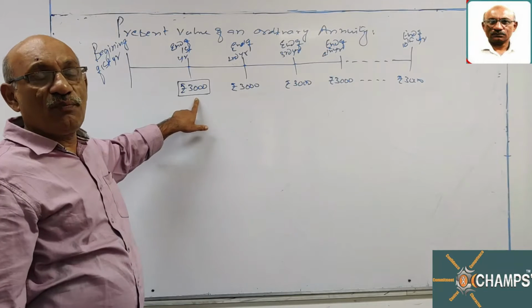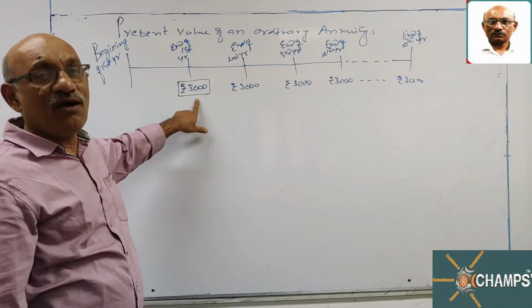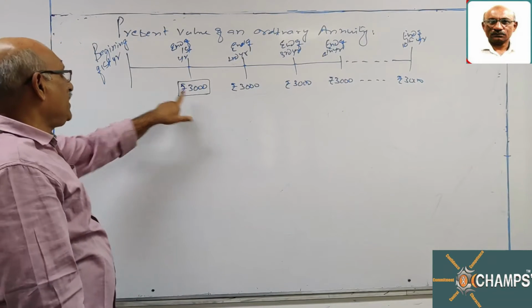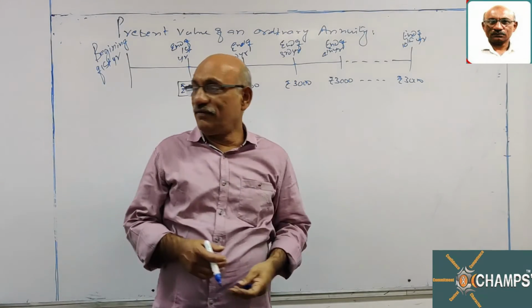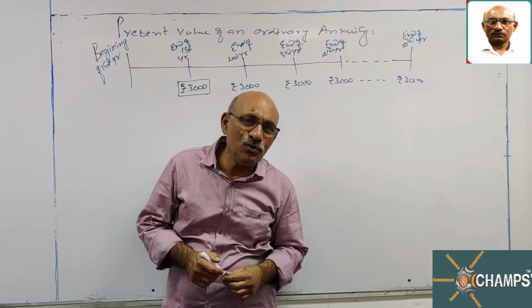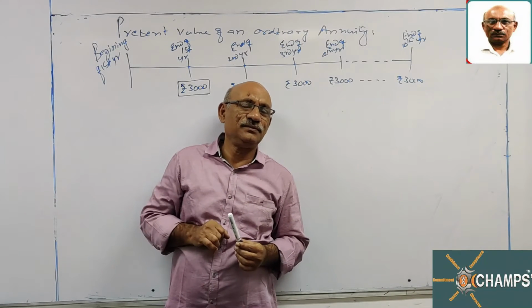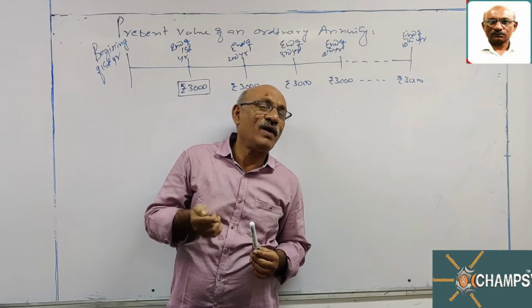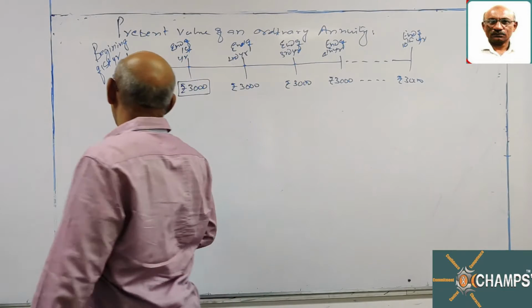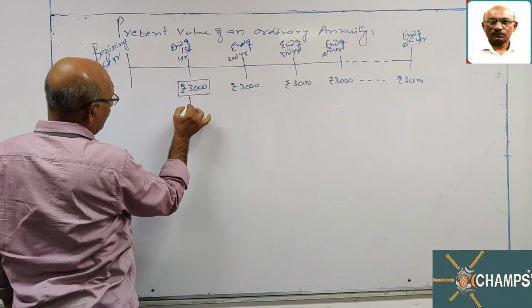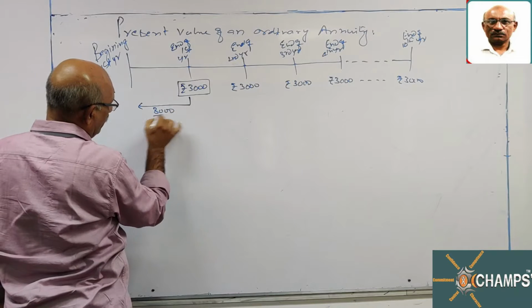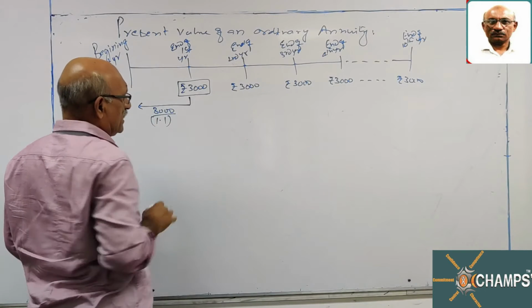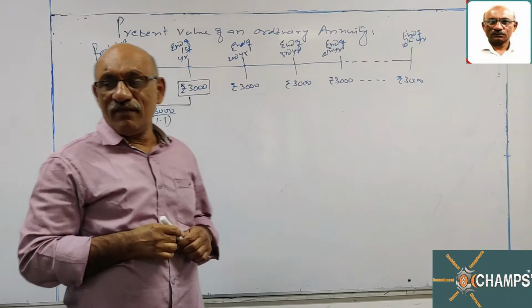If 3,000 rupees is due at the end of 1 year, what is its value today? Again, I am repeating this point. If 3,000 rupees is due at the end of first year, what is its value today? If I take time value of money as 10%, it is 3,000 divided by 1.1.